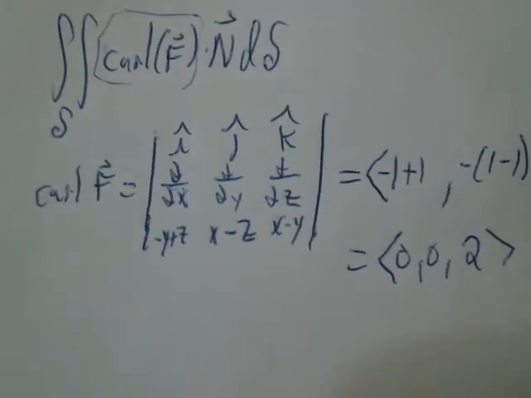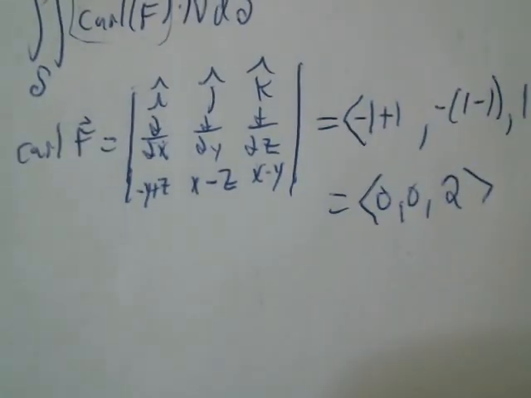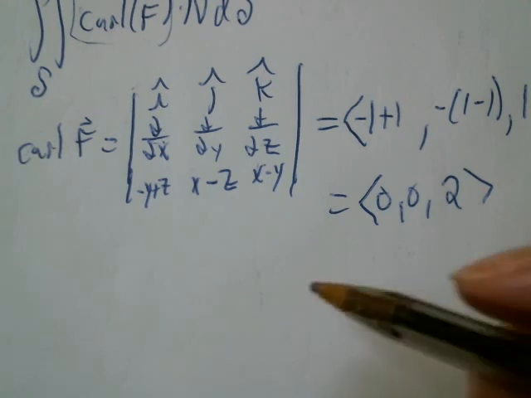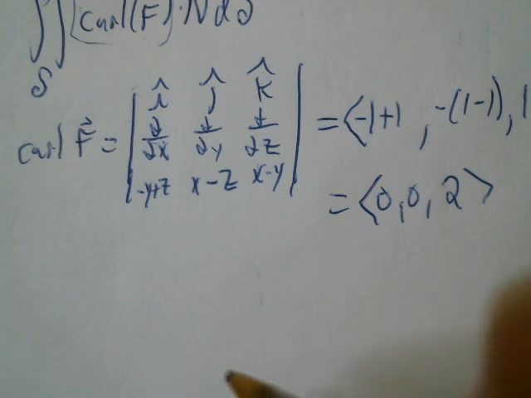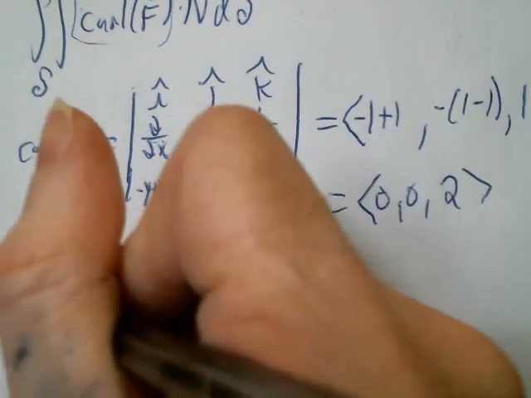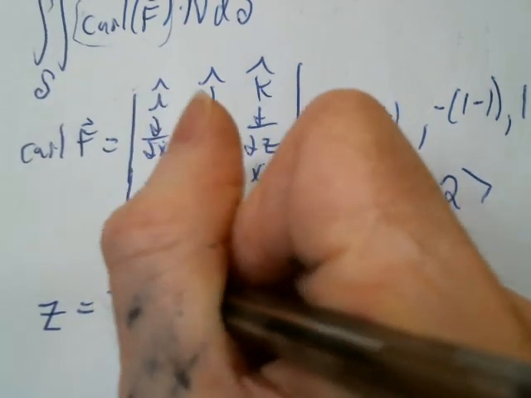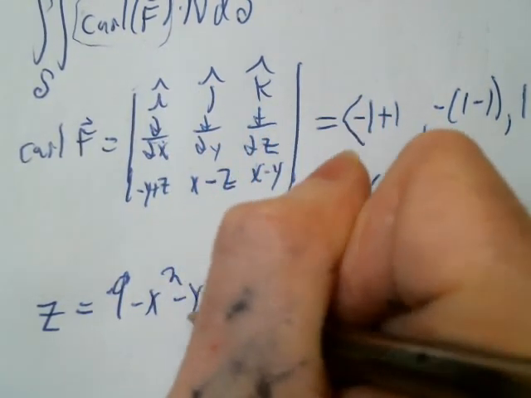Okay, so then I'm going to have to get this normal vector for the surface. So where is my formula for the surface? That's the elliptic paraboloid, right? It's z equals 9 minus x squared minus y squared.